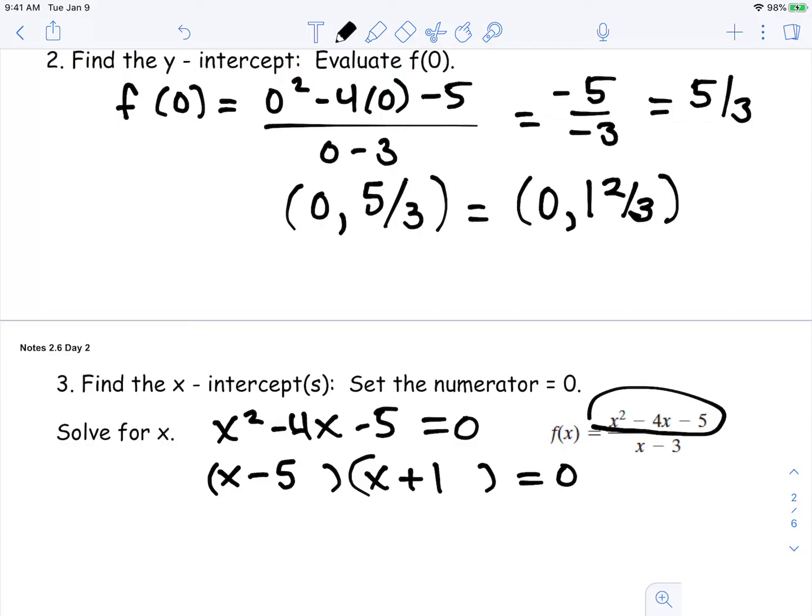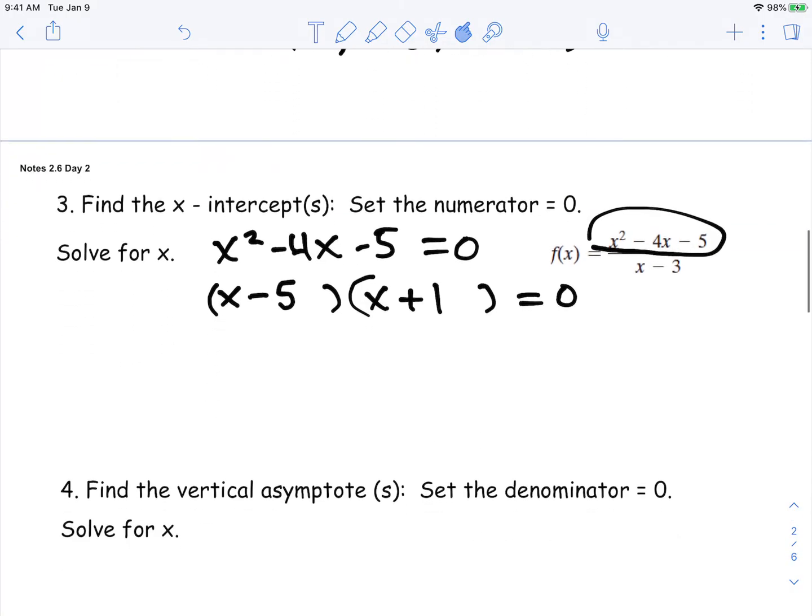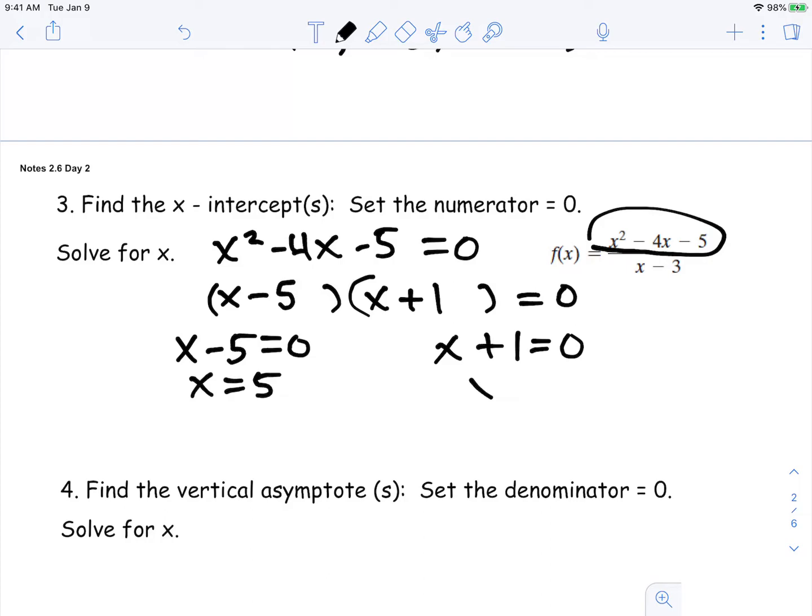We use our zero product property. We set those factors equal to 0, and we solve them for x. So we add 5, and we subtract 1. So our x-intercepts are at 5, 0, and negative 1, 0.